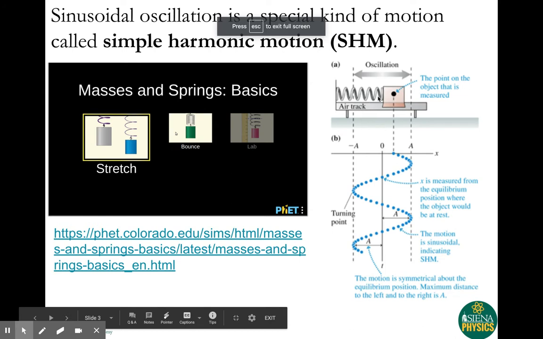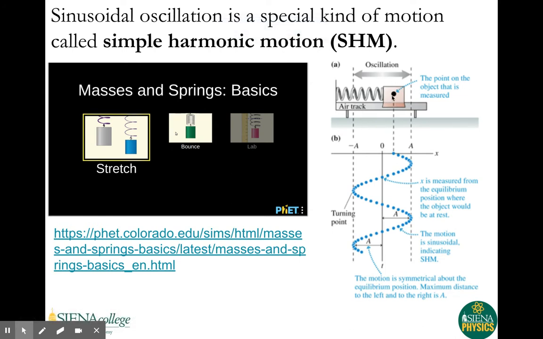So again, this is an image of a mass oscillating horizontally, like on an air track, so something frictionless. It's attached to a spring here, and it will oscillate back and forth. This is showing you the position of the cart as a function of time. It goes out to the maximum extent of its motion, stops, comes back through the equilibrium, back out to the other side, stops and turns around, and will just keep oscillating back and forth.